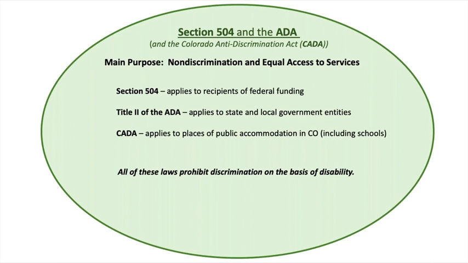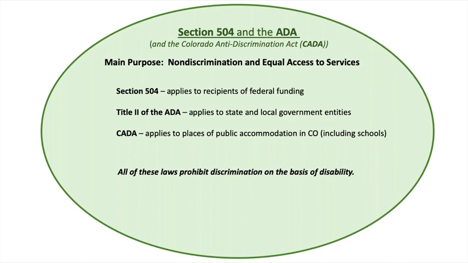What they have in common is that at their core, the primary purpose is non-discrimination and equal access, equal opportunity to services. Section 504 applies to recipients of federal funding. So not necessarily just government entities that get federal funding, but it could be other types of entities, nonprofits, et cetera, that get federal funding. Title II of the Americans with Disabilities Act applies to state and local governments, and the Colorado Anti-Discrimination Act applies in a number of different categories, including places of public accommodation, such as schools.